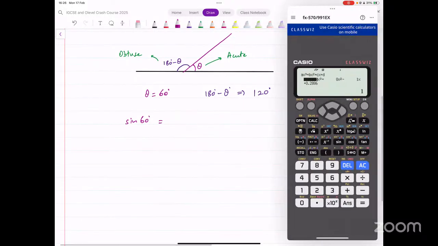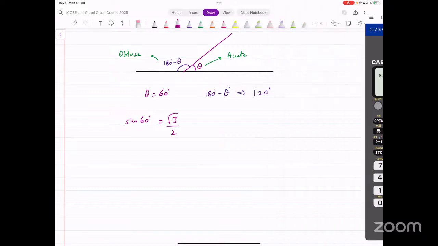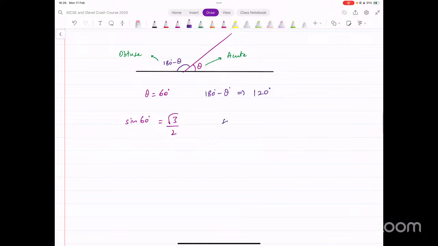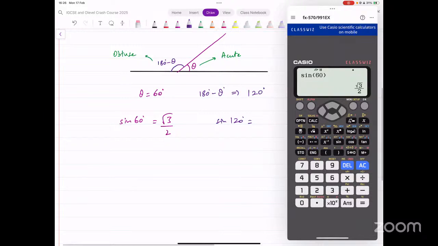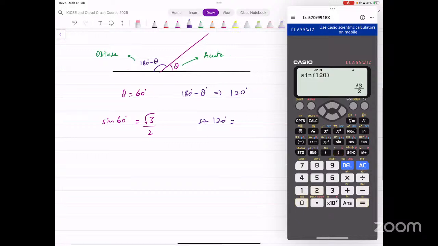Sine of 60 is giving me square root of 3 over 2. Okay. Now let's find sine of 120 and see what that turns out to be. Sine of 120 is also square root of 3 over 2.